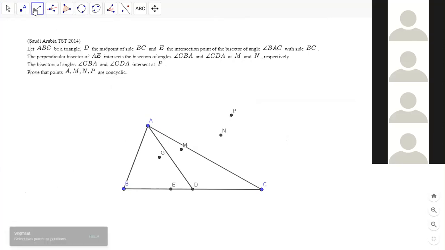Okay, so we have AE's angle bisector. And then we draw the perpendicular bisector. And we see where it meets this bisector and this bisector.